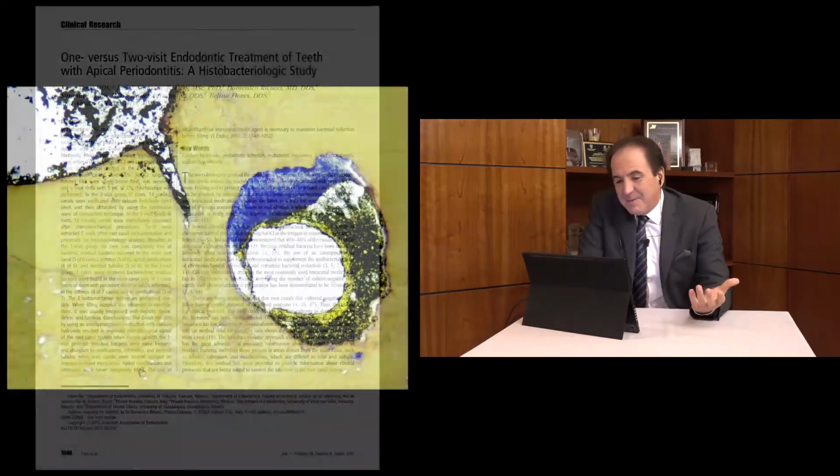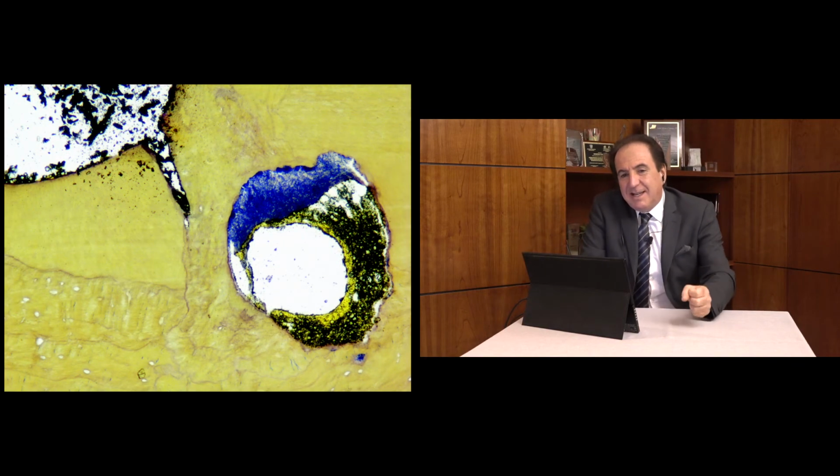So once again, I would stick to the reality, and the reality is the importance today is the front of infection, the localization of the front of infection. There will be cases where infection has been reaching the apical third, and not the ramification, and these cases have a good prognosis.